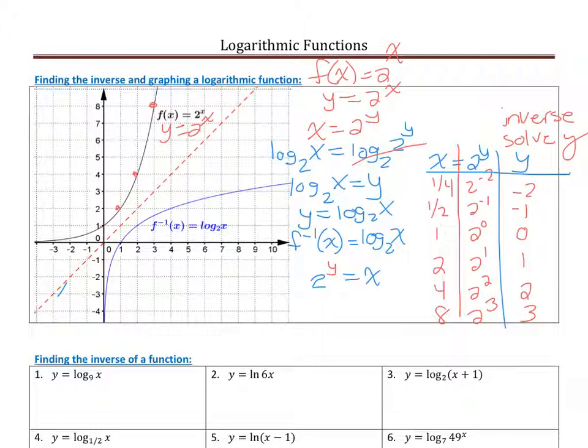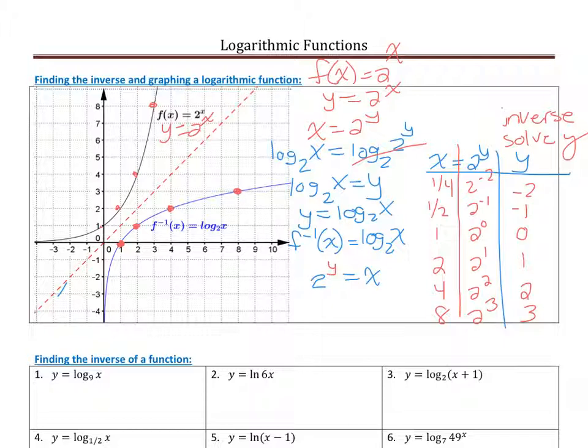So what does that curve then look like? We have some points here. Let's start with x equals 1, and x equals 1 has a y of 0. And we have x equals 2, and that's an output of 1. And we have x equals 4, which is a y of 2, and x equals 8, which is a y of 3.